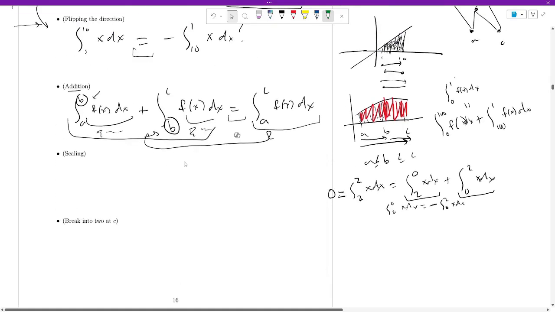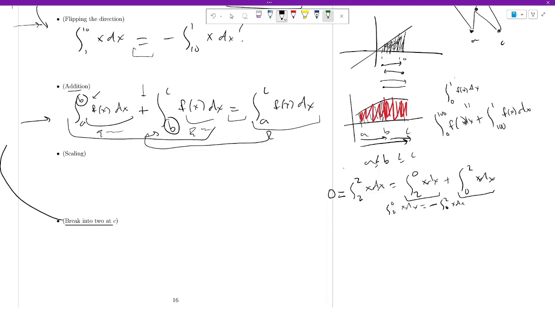So there's a couple more here. Okay, I made a slight mistake. This thing that we've been talking about, I labeled it with this weird phrase, break into 2 at C. I got confused because there's a plus here, and so addition.